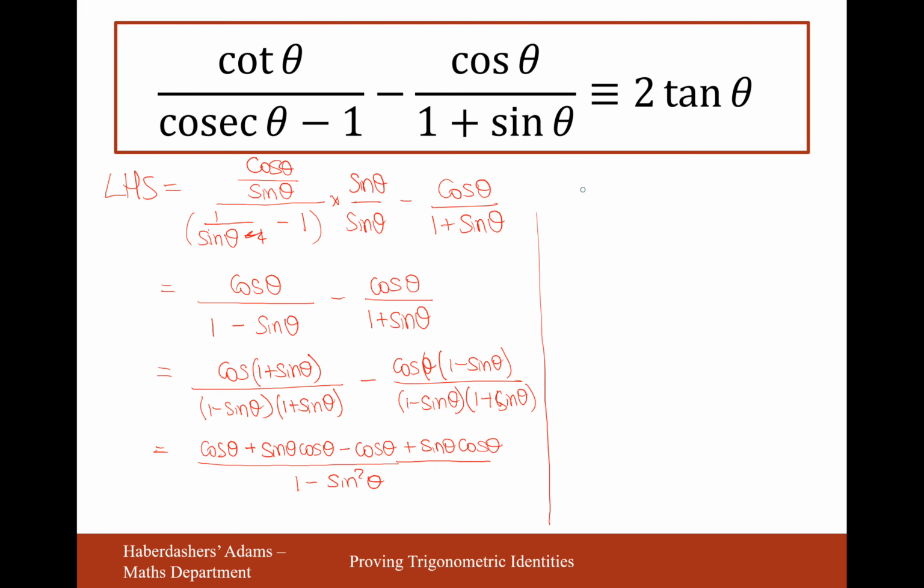Okay, so what are we left with then? We're left with 2 sine theta cos theta over 1 minus sine squared theta, but that's the same as cos squared theta. So cancel out a factor of cos from top and bottom, and we end up with 2 sine over cos, which we all know is the same as tan. Lovely. So that's equal to the right hand side. Let's now move on to the next one.